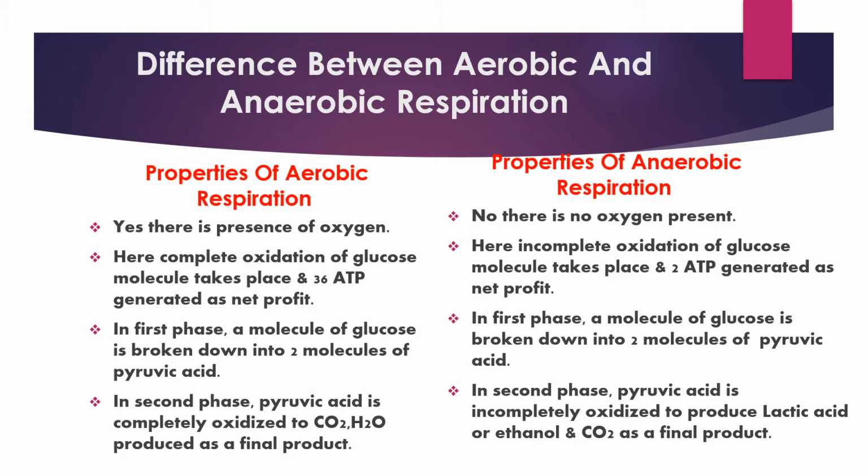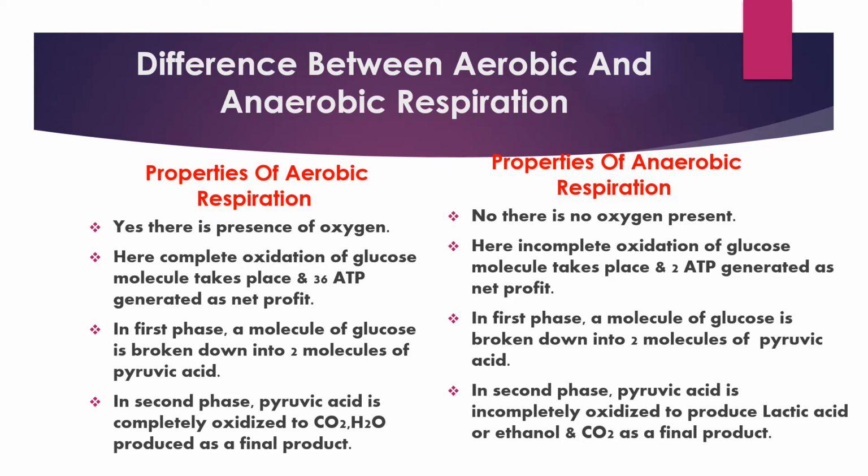The second property of aerobic respiration is that here complete oxidation of the glucose molecule takes place, and as a result of this breakdown, 36 ATPs are generated as a net profit. On the other hand, in anaerobic respiration, incomplete oxidation of the glucose molecule takes place. Why incomplete oxidation?